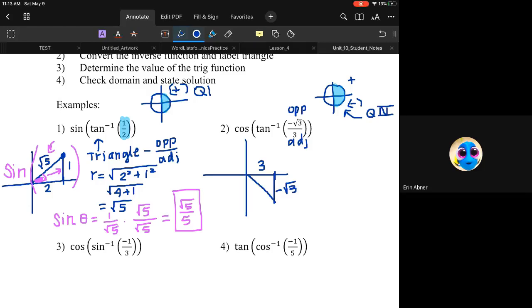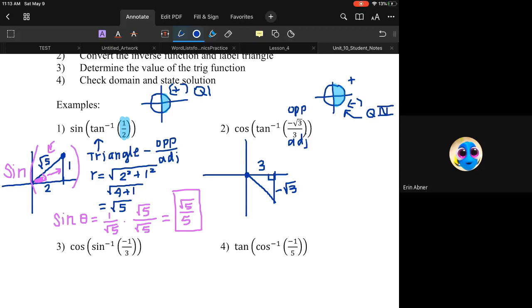Connected back to my origin. There's my origin. So now that's my right angle. And I need to find my hypotenuse, so my R.